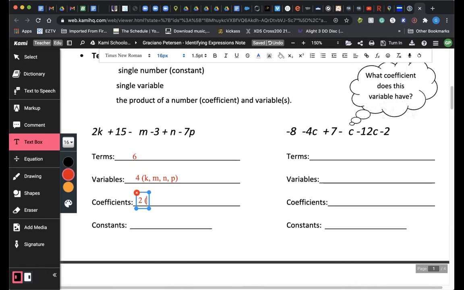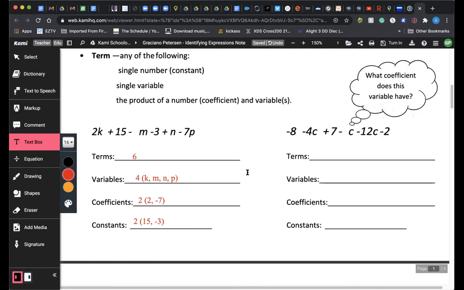What are they? 2 and negative 7. Don't forget that negative. And how many constants do we have? 2. What are those constants? 15 and negative 3.